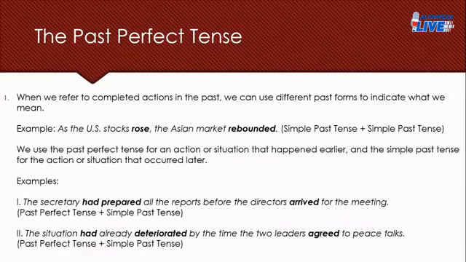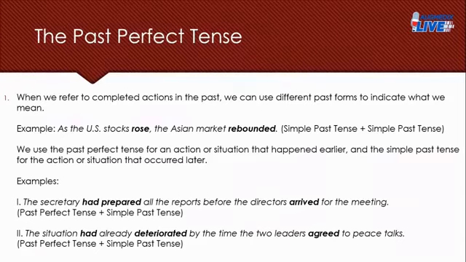In this case, you have two things happening, right? The US stocks rose and the Asian market rebounded. Both these scenarios are said in the simple past tense, right? Simple past tense plus simple past tense. As the US stocks rose, the Asian market rebounded.